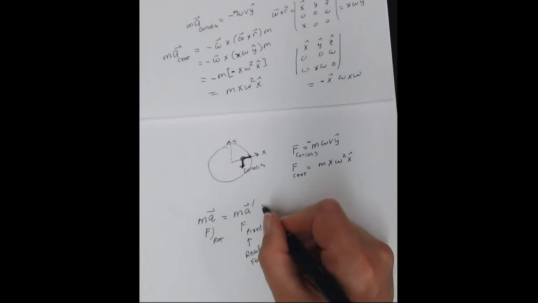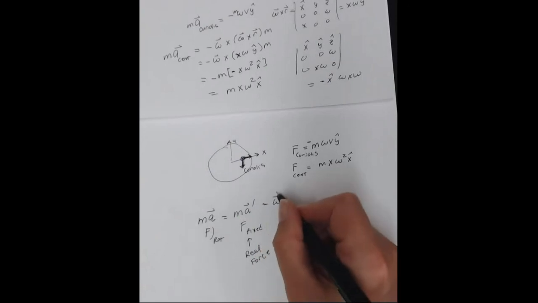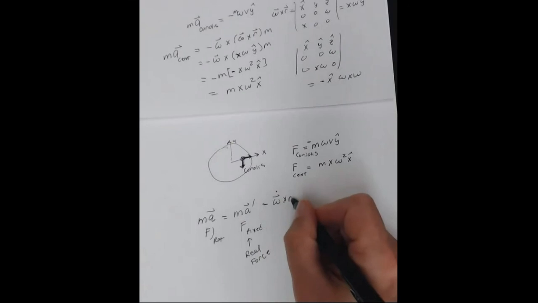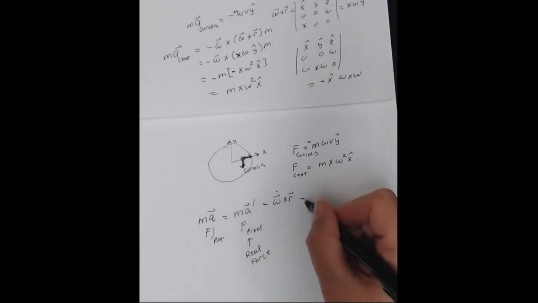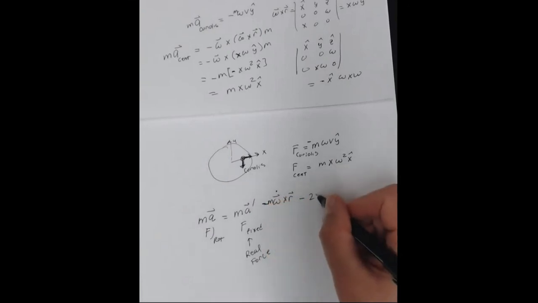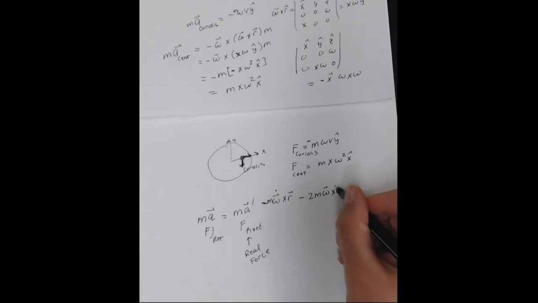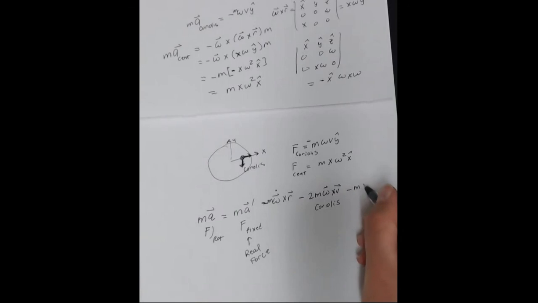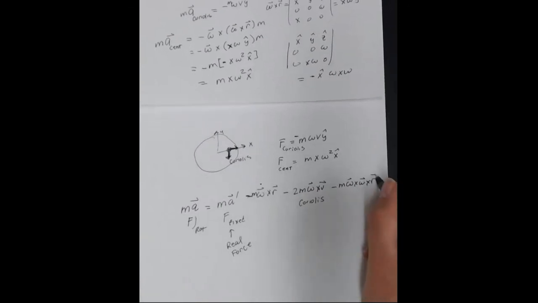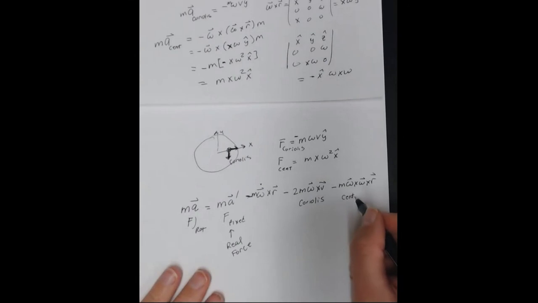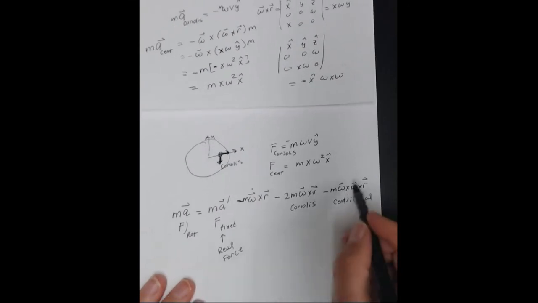Then we have minus m omega dot crossed into r, the location vector with respect to the rotating frame, minus 2m omega cross v, this is the Coriolis, and then minus m omega cross omega cross r, and this is the centrifugal force. So there we go.